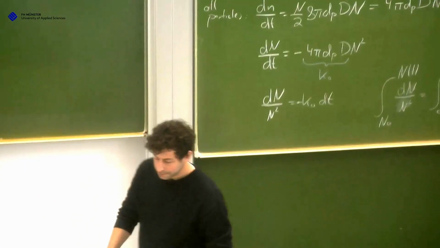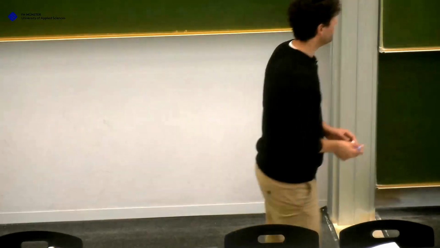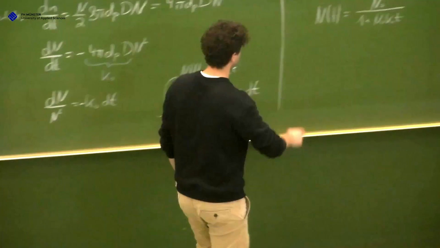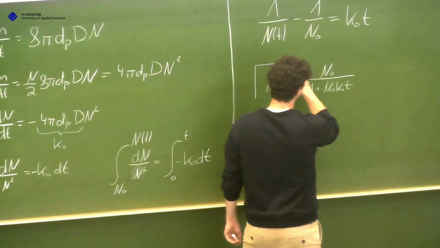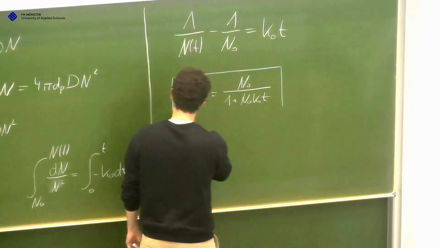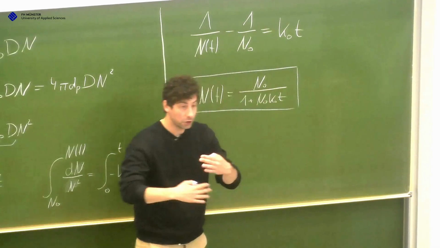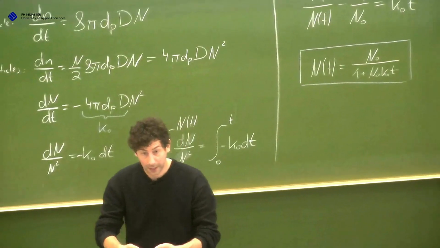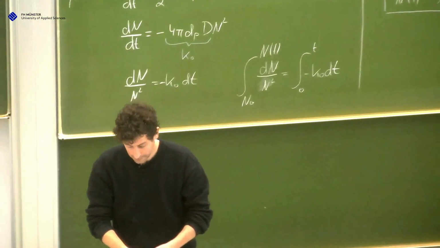Okay, so this is basically what I stated at the beginning: I said coagulation is the theory to describe the change of numbers over time due to coagulation.